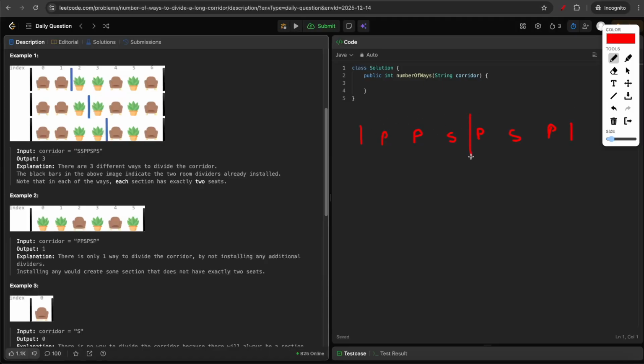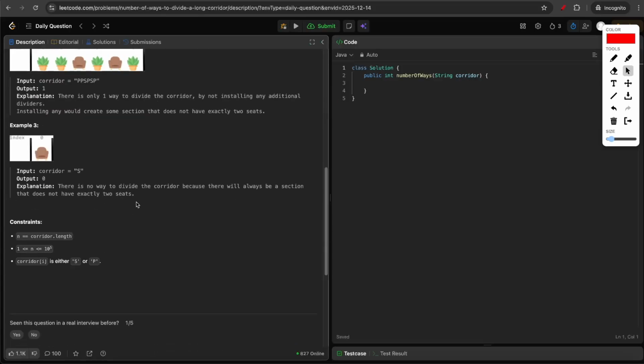And suppose if you divide here, the left part will have 1 seat, right part will have 1 seat. So in this, the division is not possible. So you don't add any of the dividers. So the total number of ways is only 1. That is when you don't add any division.